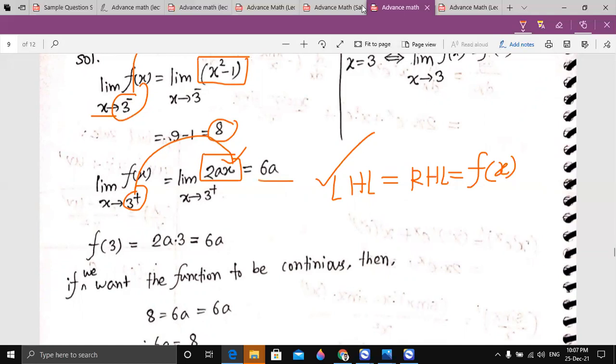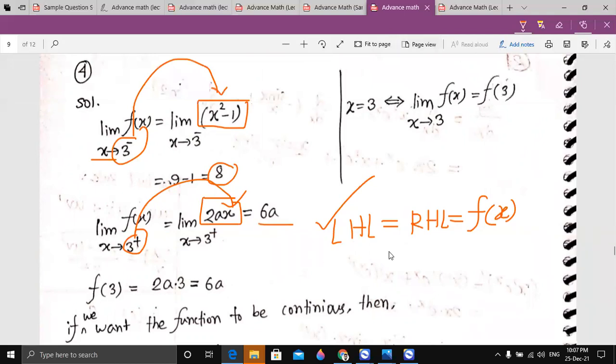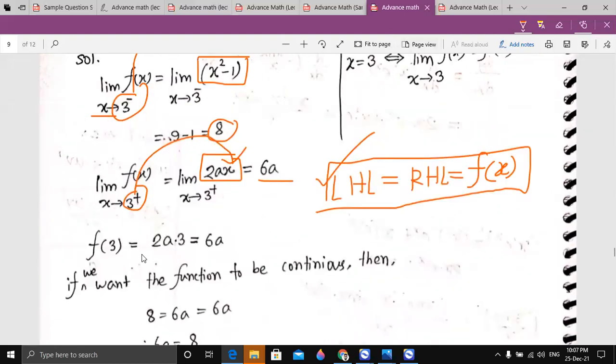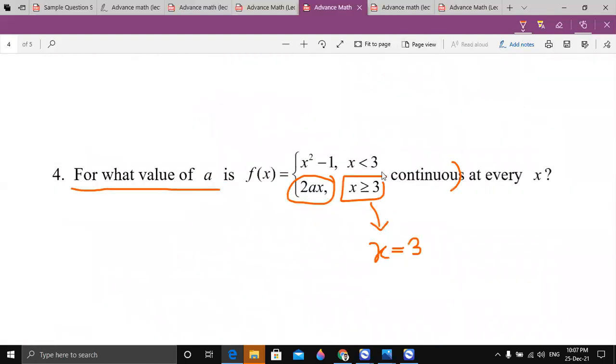So from the condition we know that left hand limit, right hand limit, and function value will be the same. That's why I write f of 3 also. So let's calculate the function value. We already found that x is equal to 3, right?